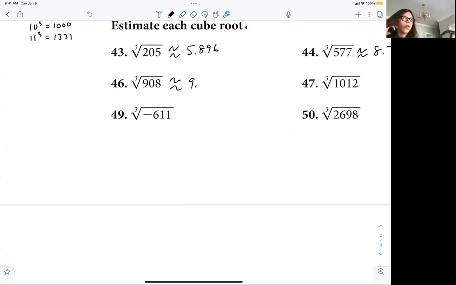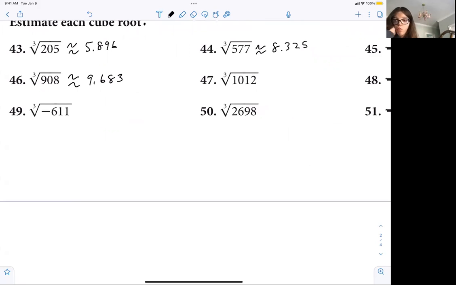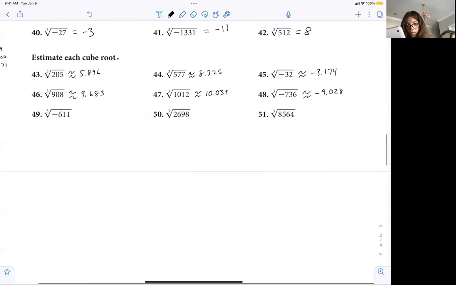9 point what? And the cube root of 1012. Okay, and 48. Cube root of -736. -9.028. Everybody's good? All right, we got 3 more.